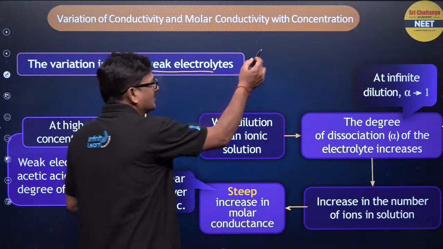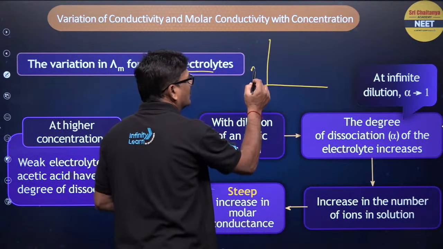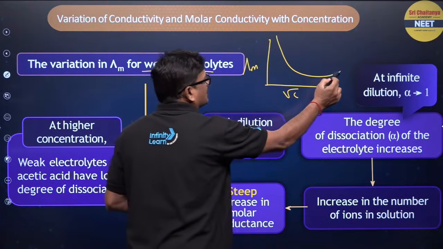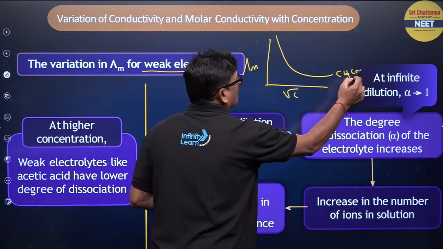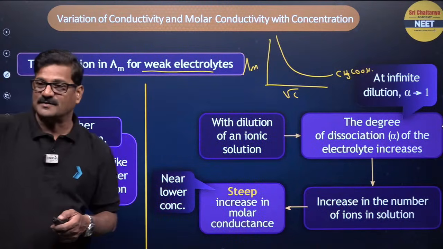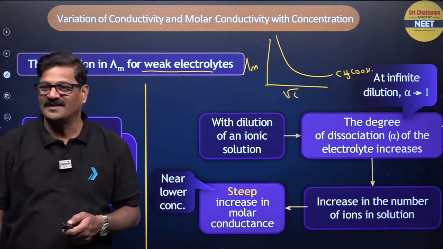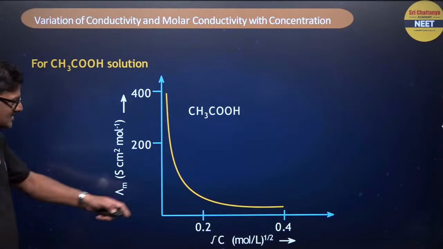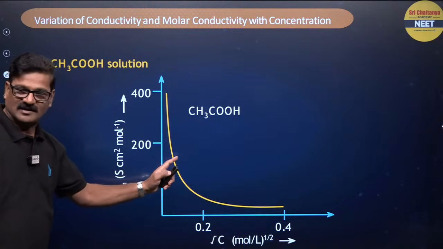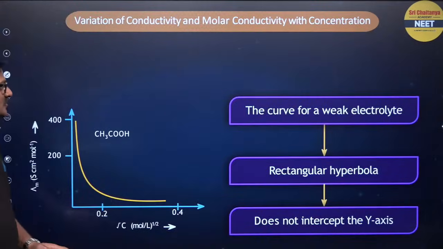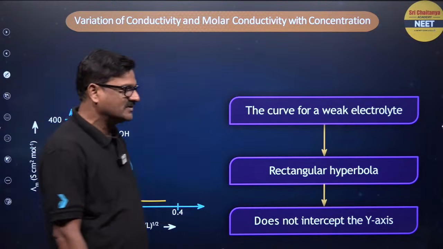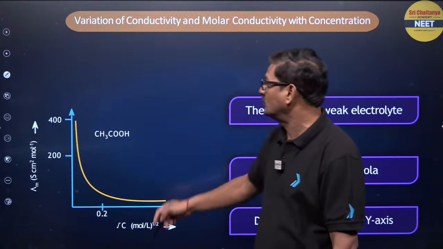So molar conductance versus root C for acetic acid, CH3COOH, comes like this. The graph is given, there is a sudden increase, children, is it understood? So there is a steep increase, not a gradual increase. The curve of a weak electrolyte, a rectangular hyperbola, does not intercept the y-axis. We don't know where it is going to intercept.